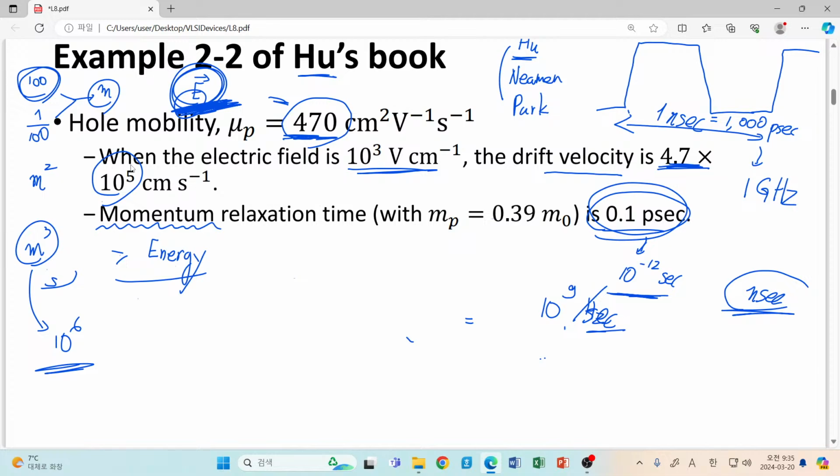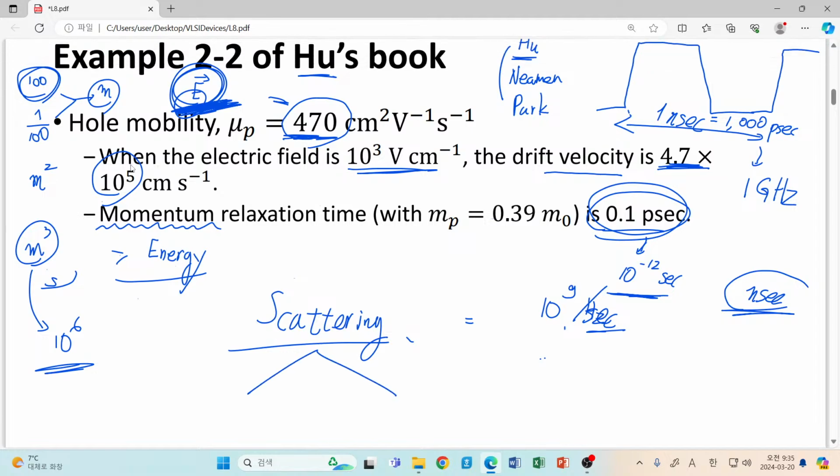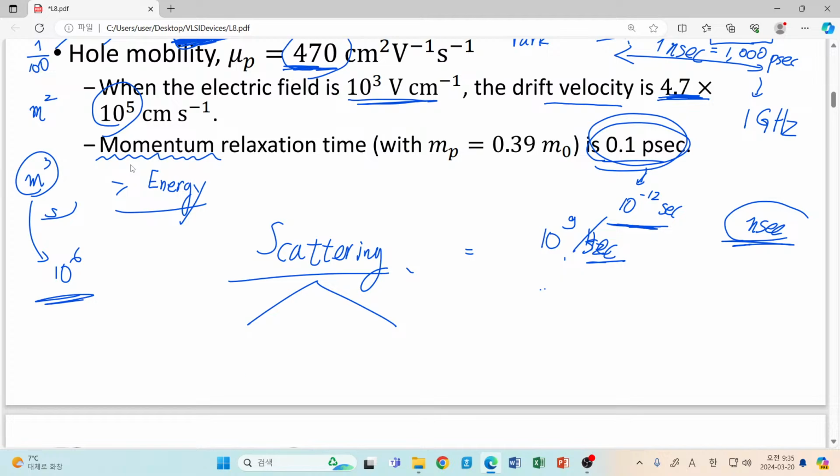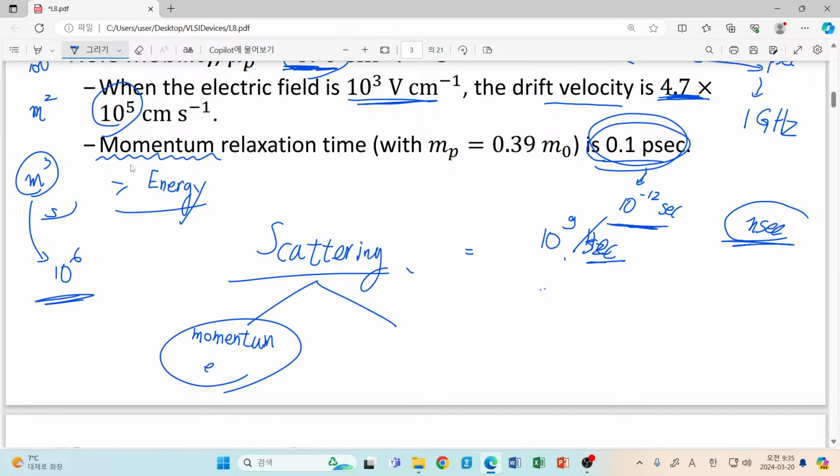However, please think about this one. Usually when we say scattering, we can consider two representative cases. One is this scattering, in which case it changes its momentum, and at the same time it changes its energy.